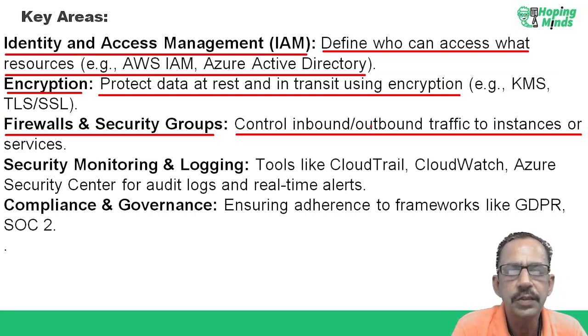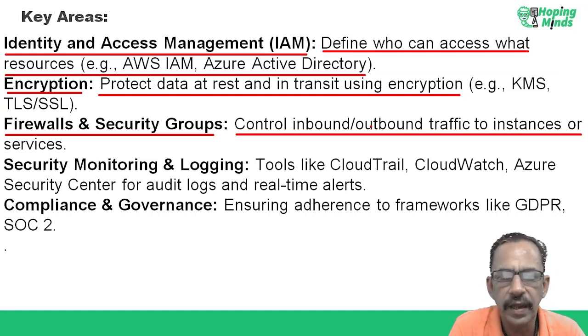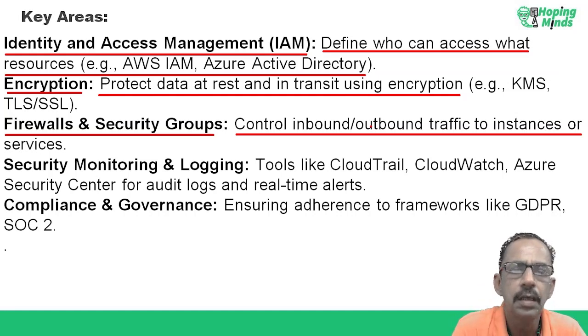Inbound, why this person wants to come into the server, what he wants to do. Either he wants to access the file, access the application, ping or telnet or remote access, anything he wants to do, we can control with the help of inbound and outbound traffic. There is a firewall and security group.